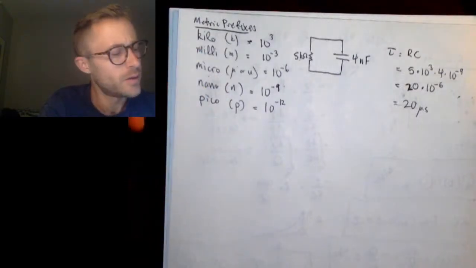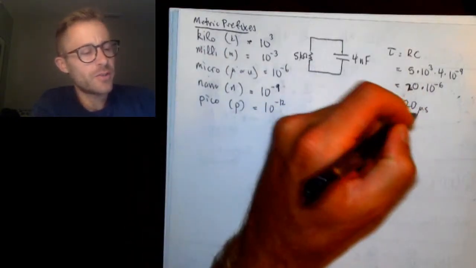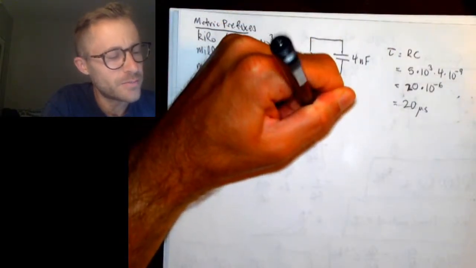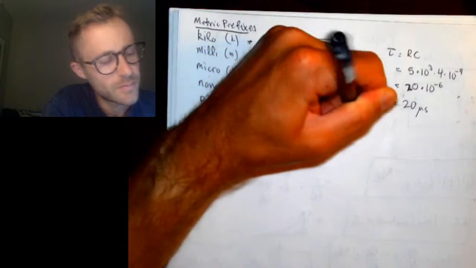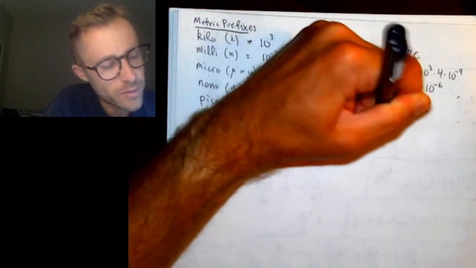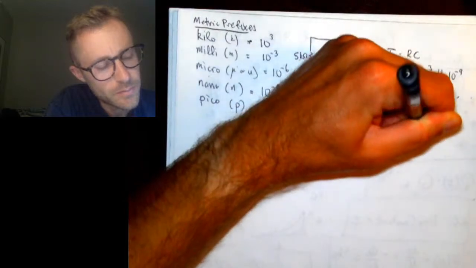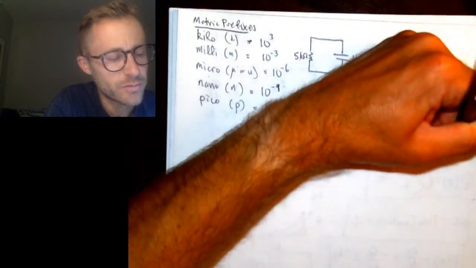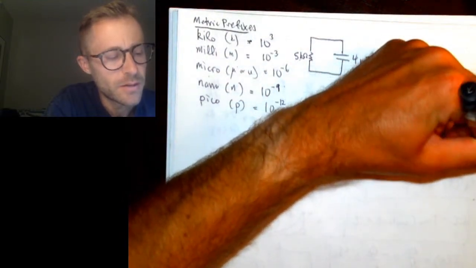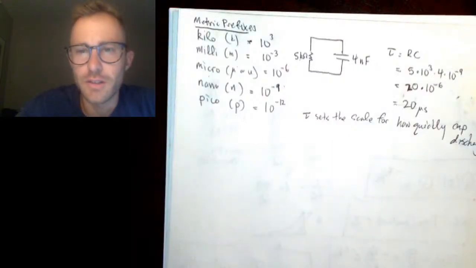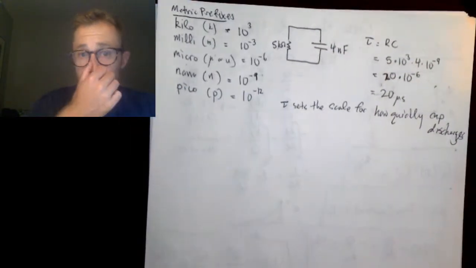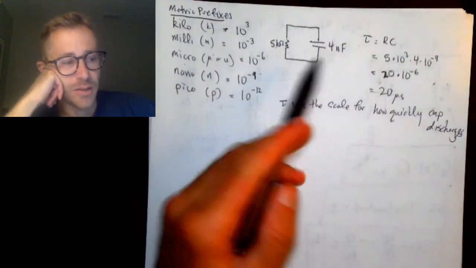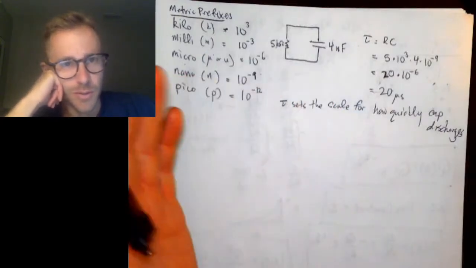All right. So basically, the time constant sets the scale for how quickly the capacitor discharges. What this means is if the time constant is 20 microseconds, then after 100 microseconds, that's 5 time constants, the capacitor is going to be completely empty.